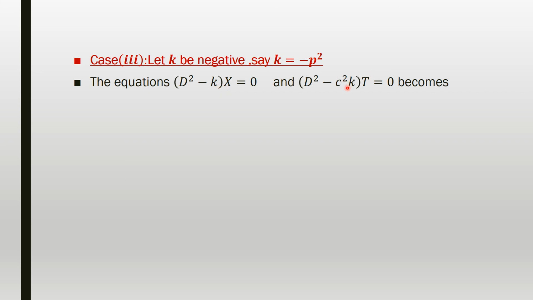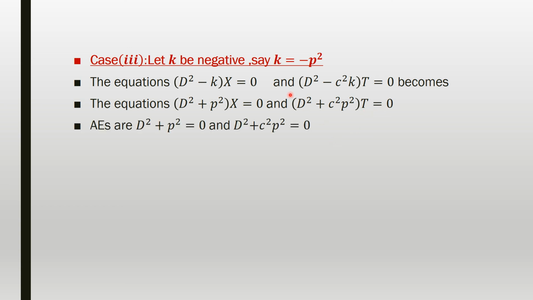So we get D square plus p square of x equal to 0, as well as D square plus c square p square of t equal to 0. Writing the auxiliary equations, D square plus p square is 0 and D square plus c square p square equal to 0.